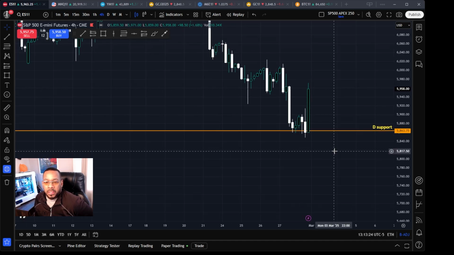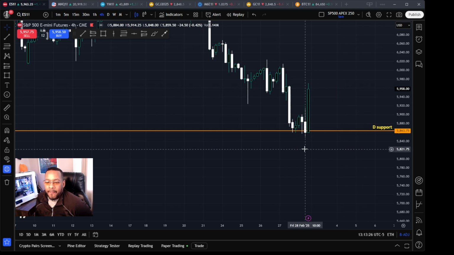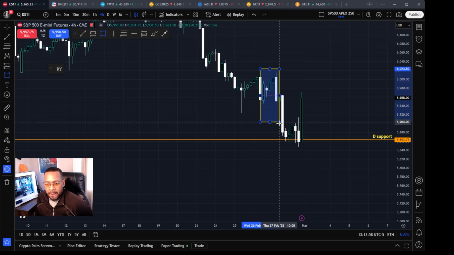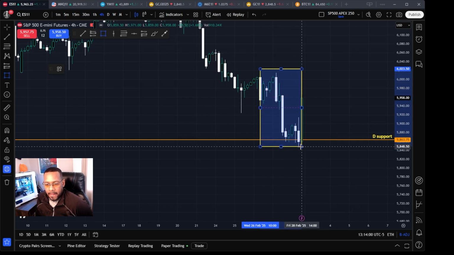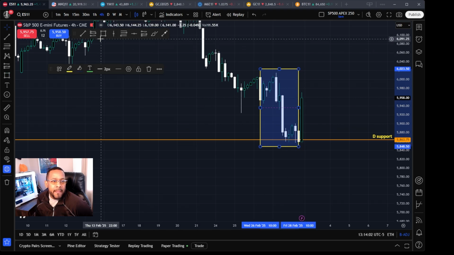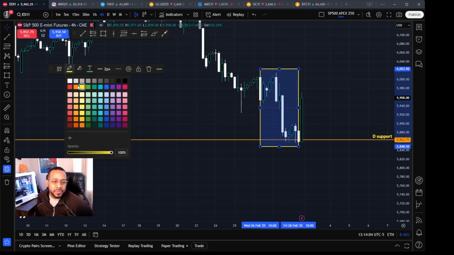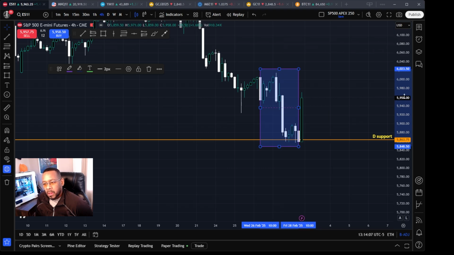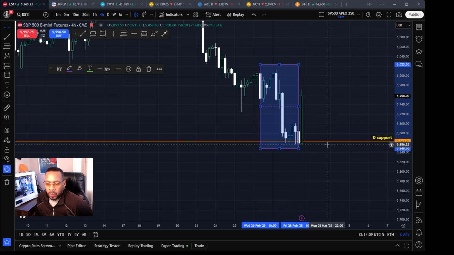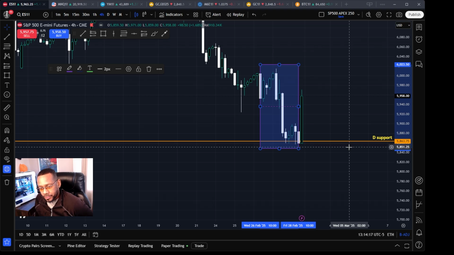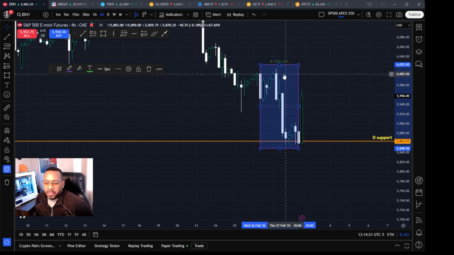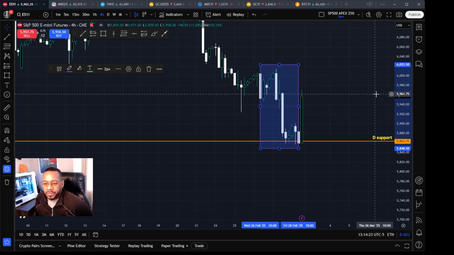Okay, this is a little bit more telling. I'm just going to take this as the high. This is our 4 hour. Again, we have equal lows right here on this 4 hour candle from Friday, and the way it closed cleaned up this imbalance. No imbalance up here.